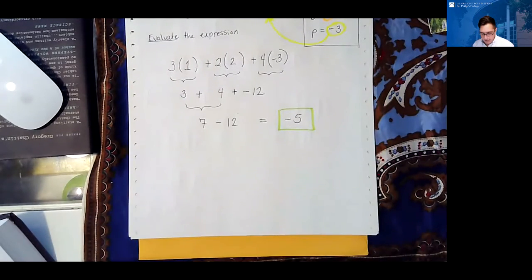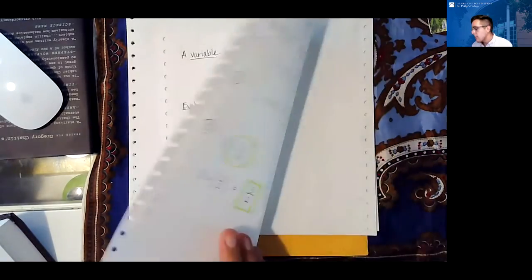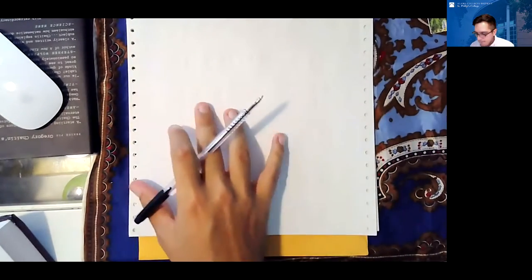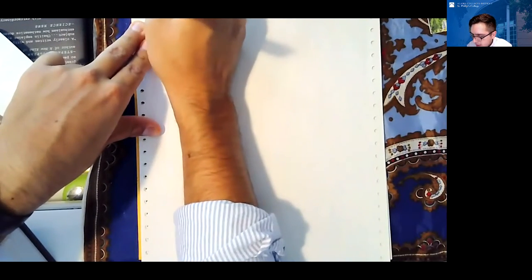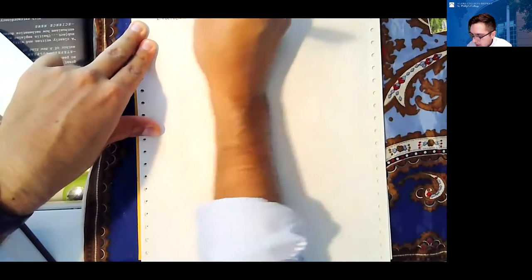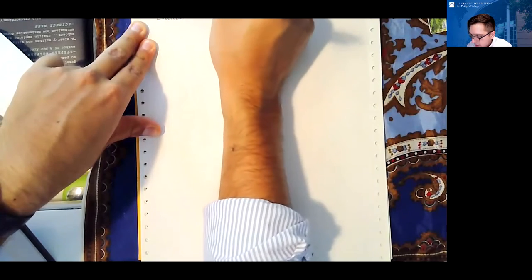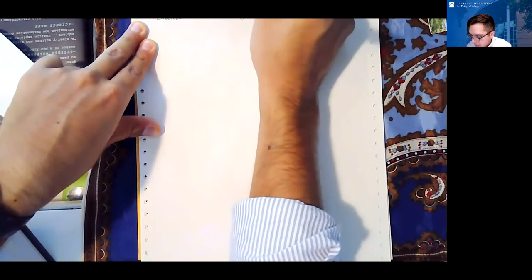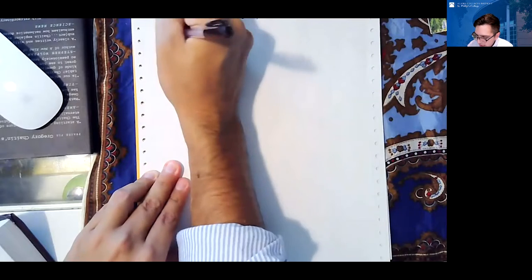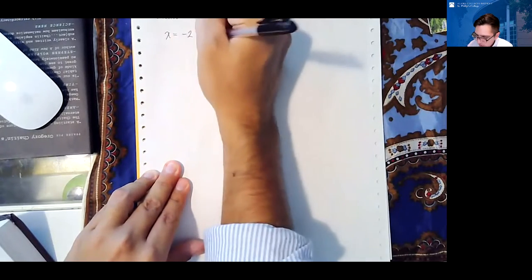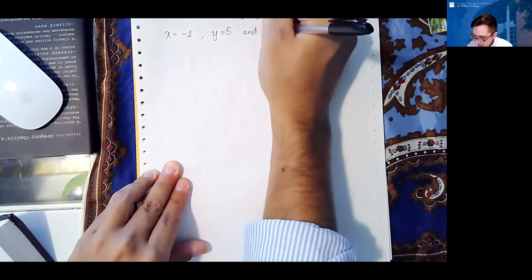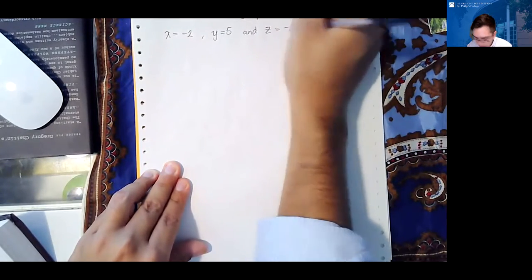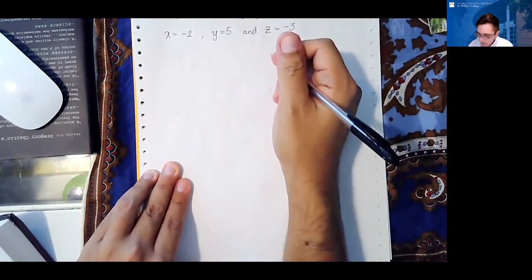Okay, let's look at some of these. Get some practice problems in. Evaluate the following, given x is equal to negative 2, y is equal to 5, and z is equal to negative 3.